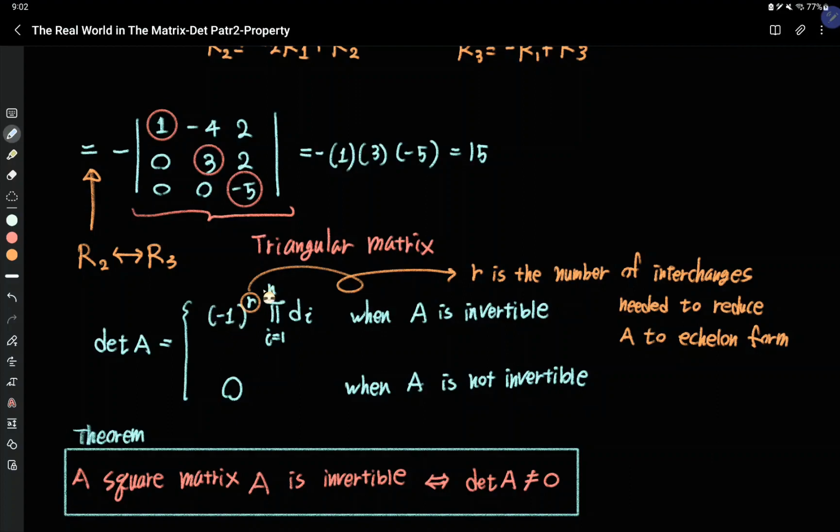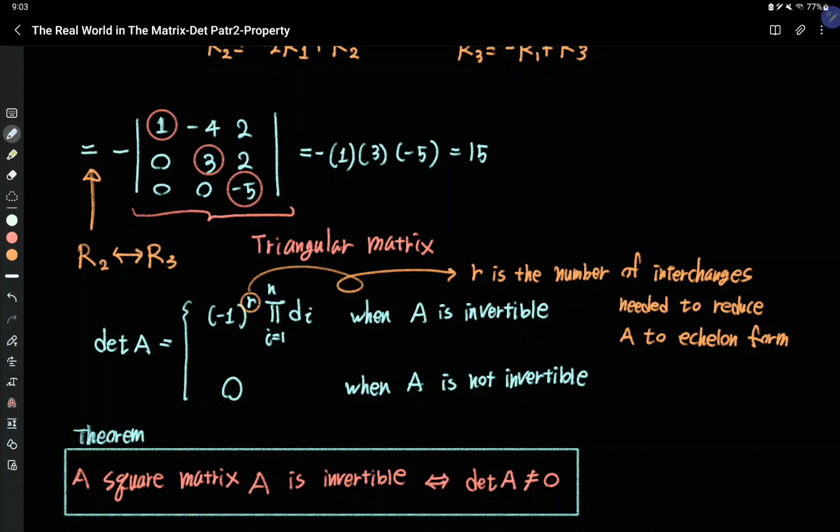That's why (-1)^r is here. The d_i are the pivots we get after completing the reduction of matrix A to the echelon form.